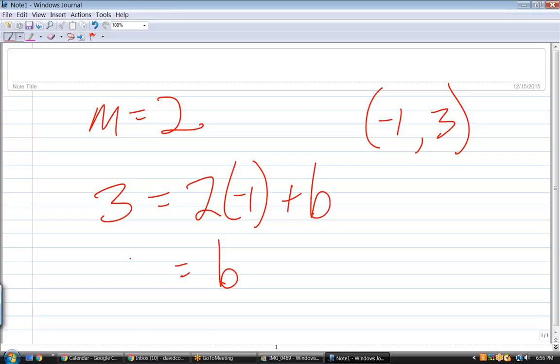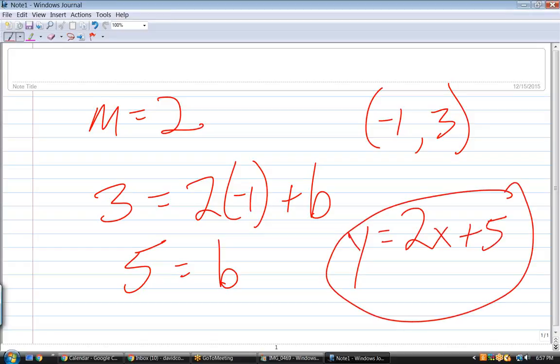Maybe 5. So now what is our equation of the line that they are looking for? y equals 2x plus 5. There you go. That's the easiest way to do it. There is another way, but let's just always do it this way. If you always do it this way, you can't go wrong.